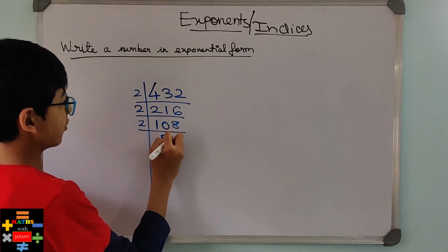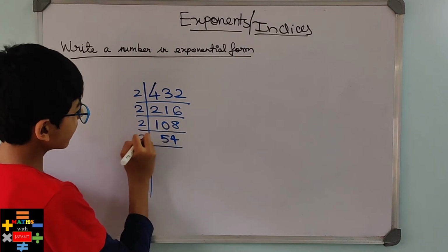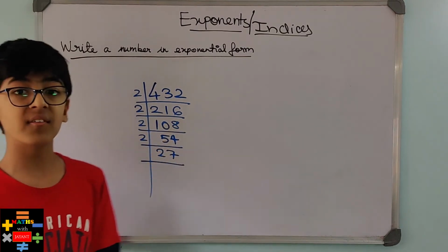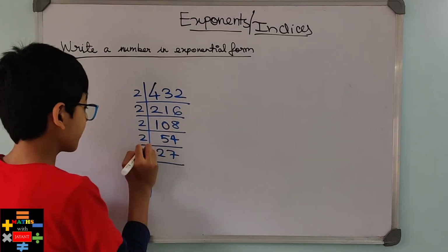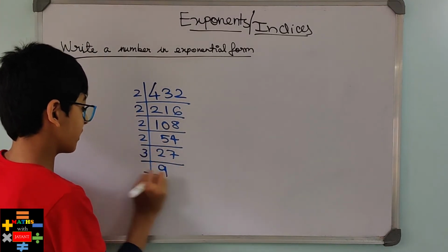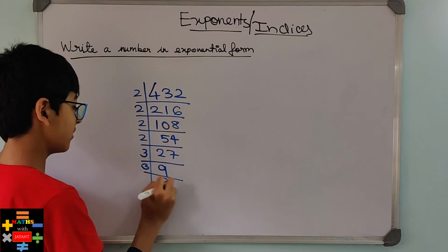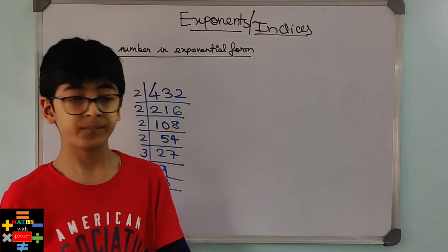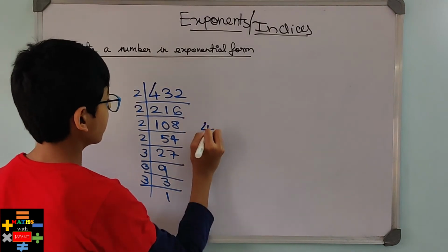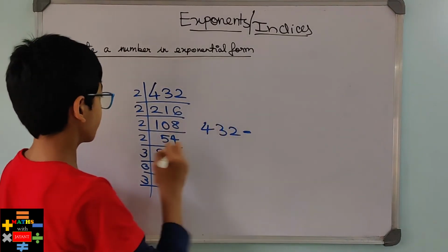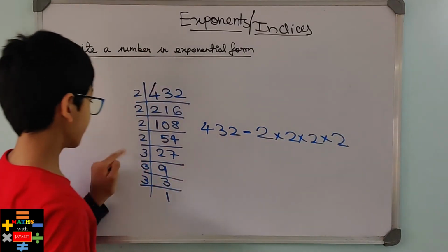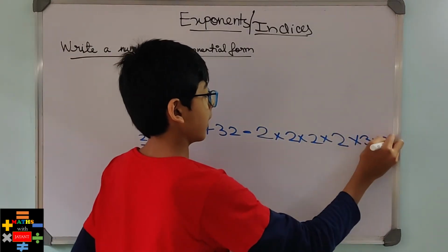We get 54. 54 is divisible by 2. We get 27. Now 27 is not divisible by 2. It is divisible by 3. We get 9. 9 is divisible by 3. We get 3. 3 is again divisible by 3. We get 1. So 432 is 2 into 2 into 2 into 2 into 3 into 3 into 3.